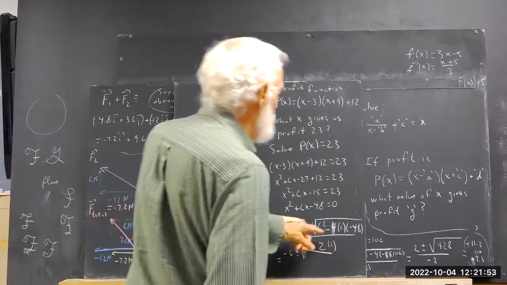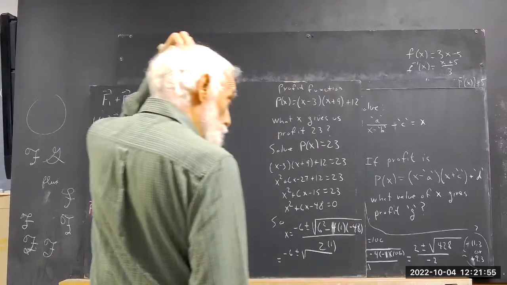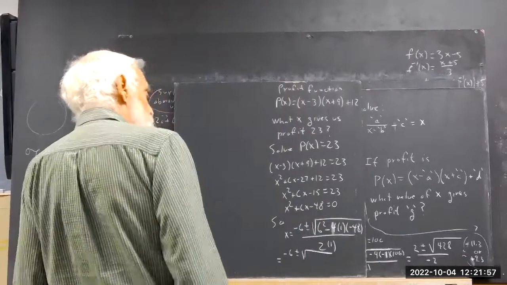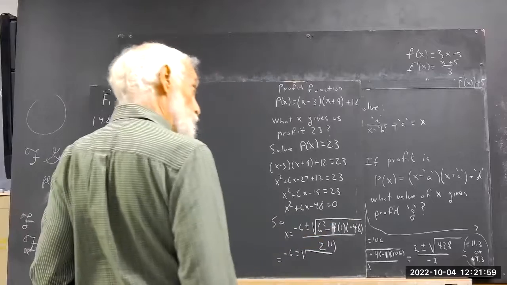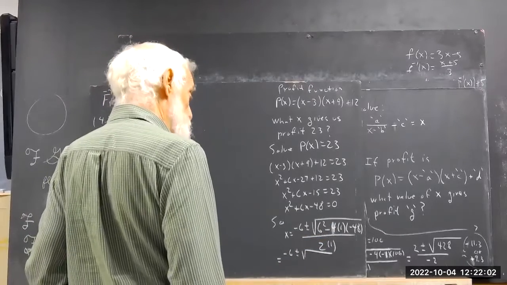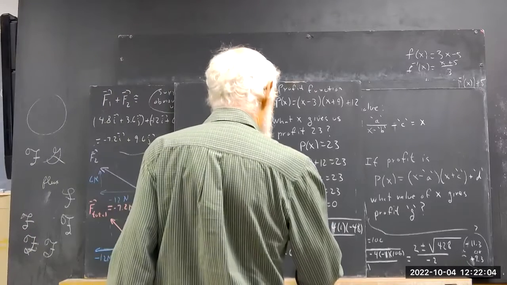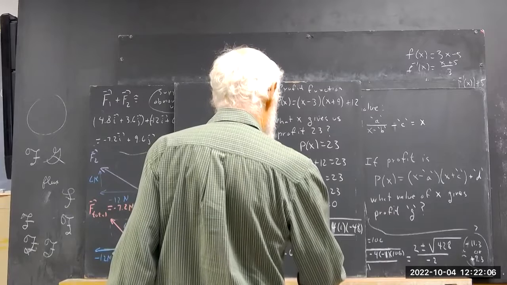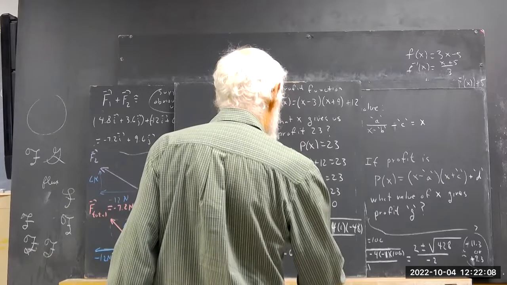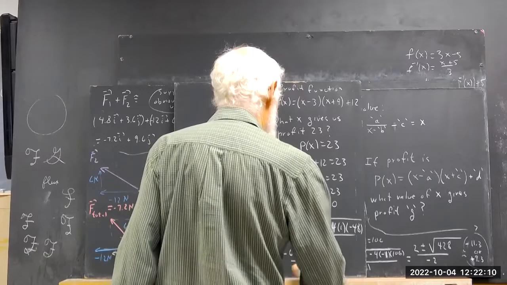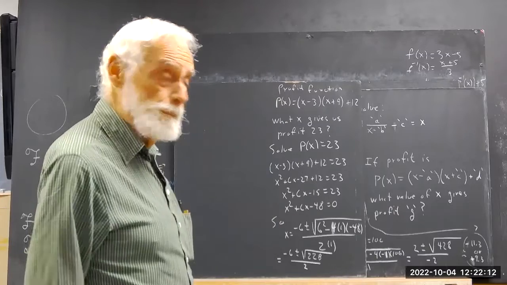Around the room, we have 36. 4 times 48 is 192. Then we have a negative, so it's plus 192. And add 36, you get 228. I'm not going to double check. Okay.